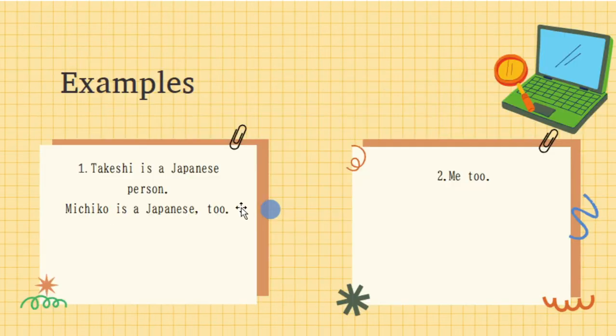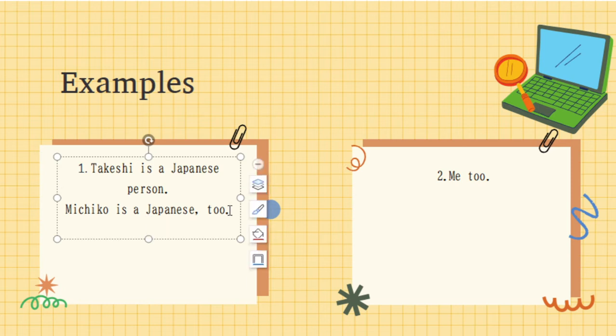So we have here an example: Takeshi is a Japanese person. Michiko is a Japanese person too. So the item they shared is Japanese. So we will translate this one. Takeshi and Michiko are Japanese names, so we will use the kanji or the hiragana. Takeshi-san wa nihonjin desu.